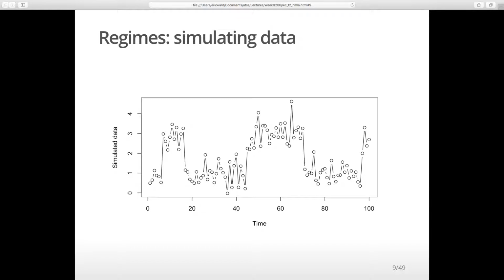So to illustrate this, what I've done here is just simulate some basic data. If you want to see the code for this, this is all included on our GitHub site. Basically, we have a 2-regime system here, and we're going to alternate between these two different states. The y-axis might represent temperature, for example, and we are initially in this cool state.